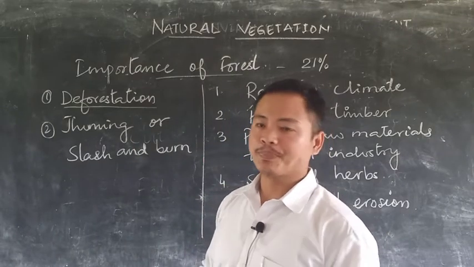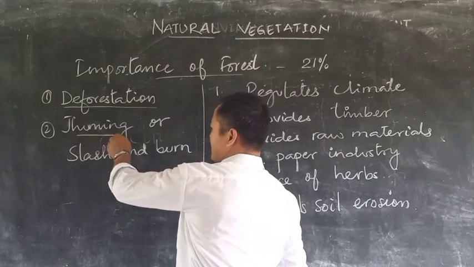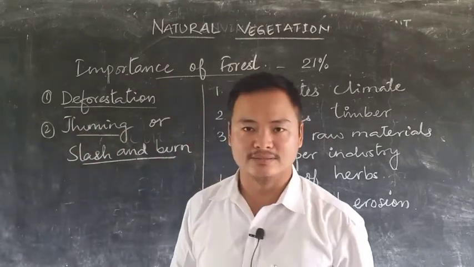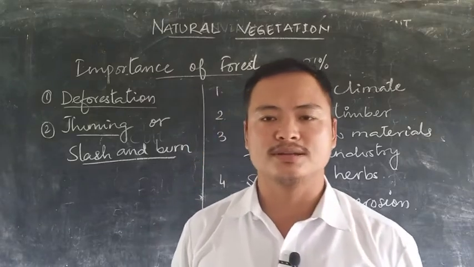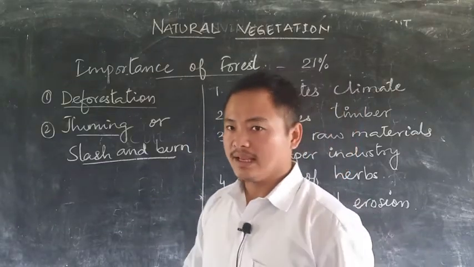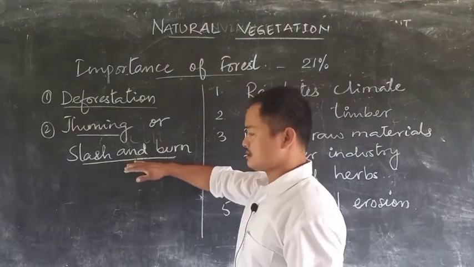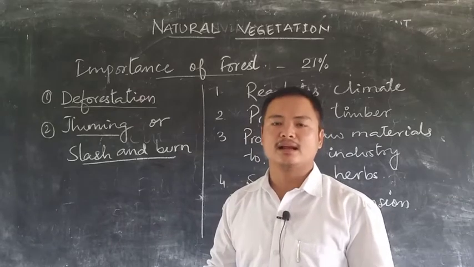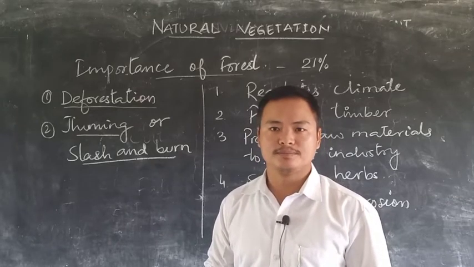of forest cover. The next is the practice of jhuming or slash and burn as an agricultural activity, mostly in the northeastern part of India, which is also a major problem. In this case, the forests are cleared and agricultural practices are carried out.